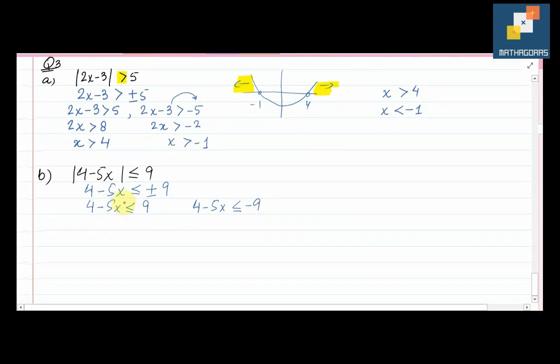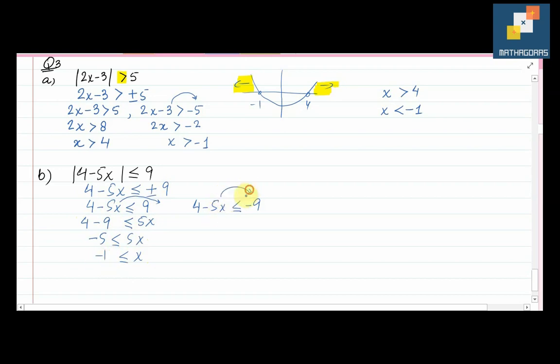Minus 5x, I need to make the x value positive. So when I shift the negative 5x, it will be positive 5x, the sign is the same, and it will be 4 minus 9. 4 minus 9 is negative 5, which should be less than or equal to 5x. x should be greater than or equal to 5 divided by 5, it will be negative 1. So that is your first part answer.